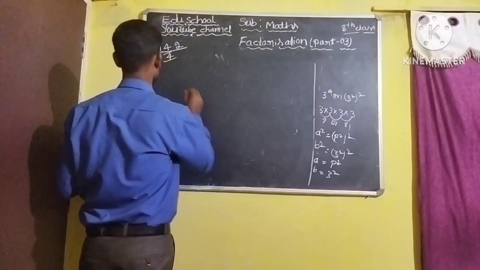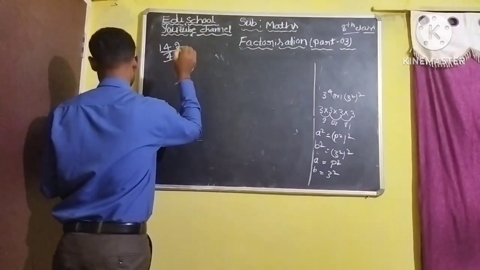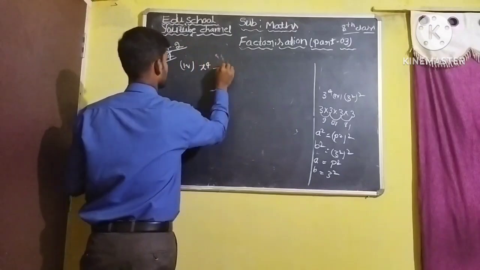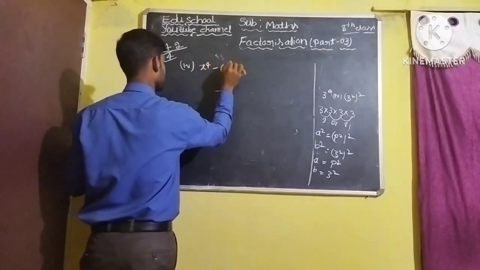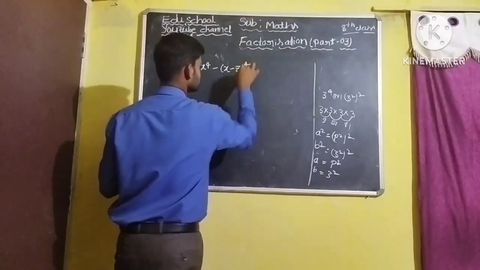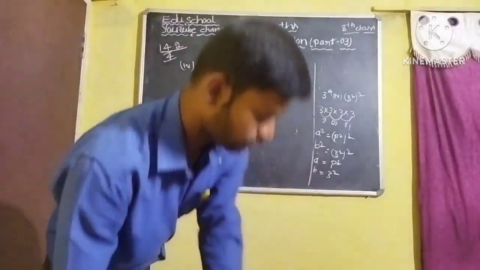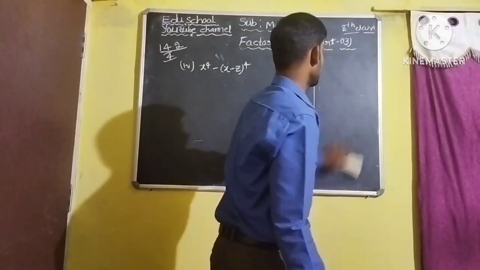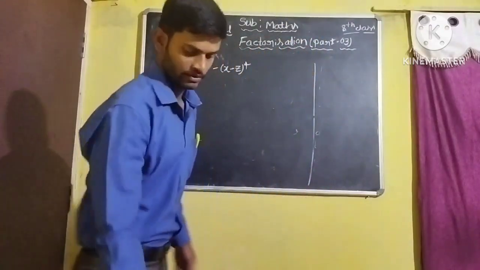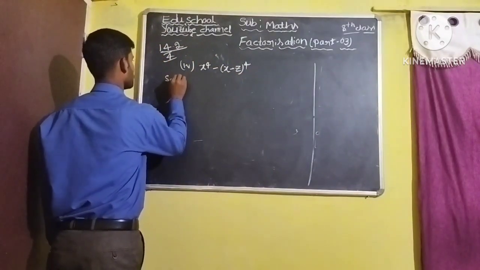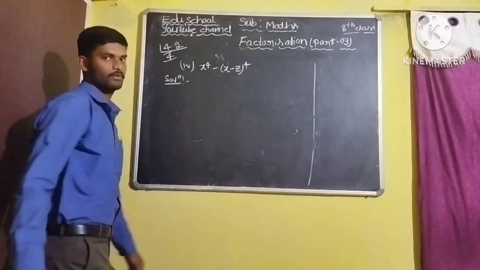Fourth problem, what is there here? X to the power of 4 minus x minus z whole power 4. Observe this problem. The first step is to rearrange it in the form of the a square minus b square formula.